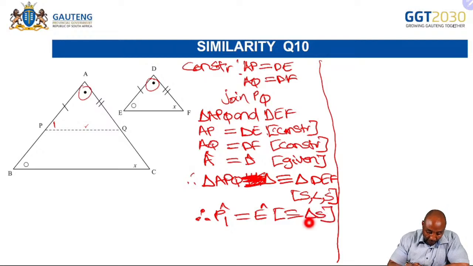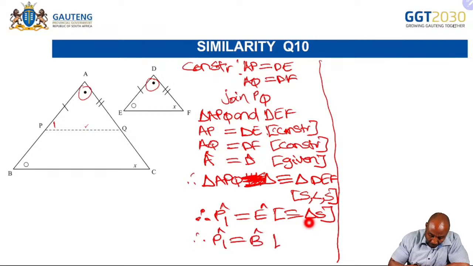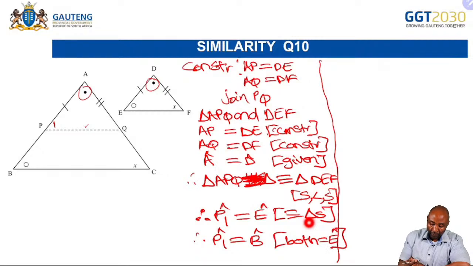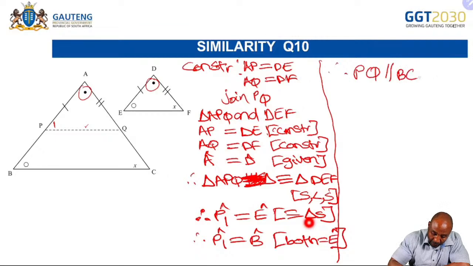It will follow that if angle P1 is equal to angle E, then angle P1 is equal to our angle B, because they are both equal to E. If angle P1 is equal to angle B, it follows that PQ is parallel to BC, because we have corresponding angles equal.